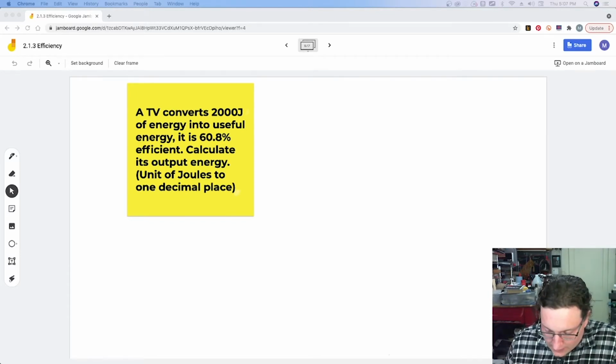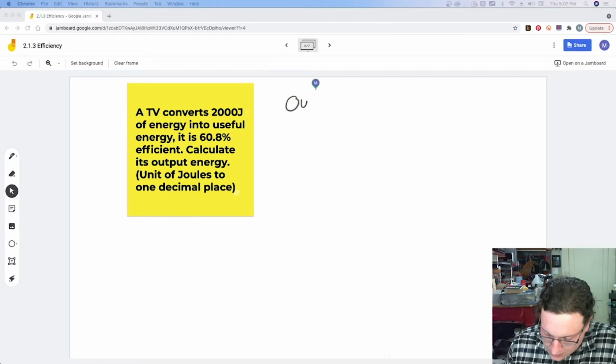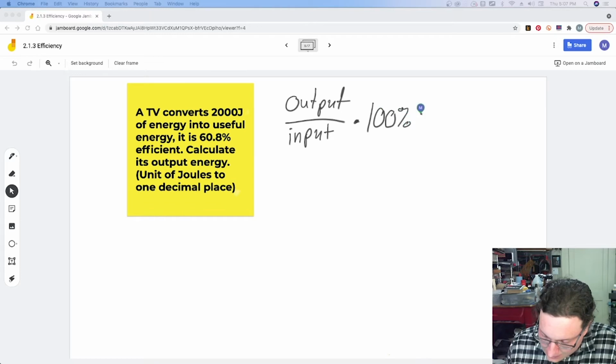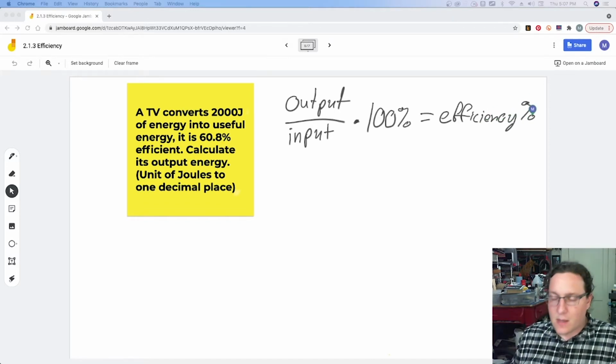So the core ideas to remember with efficiency is that if we take the output of a value, divide by the input of a value, multiply that by 100%, that gets us efficiency as a percent value. Okay.